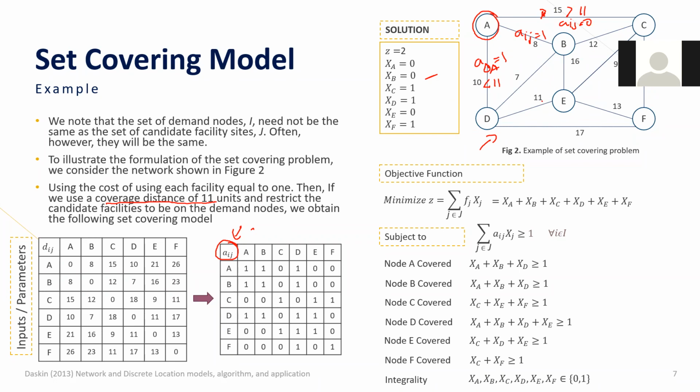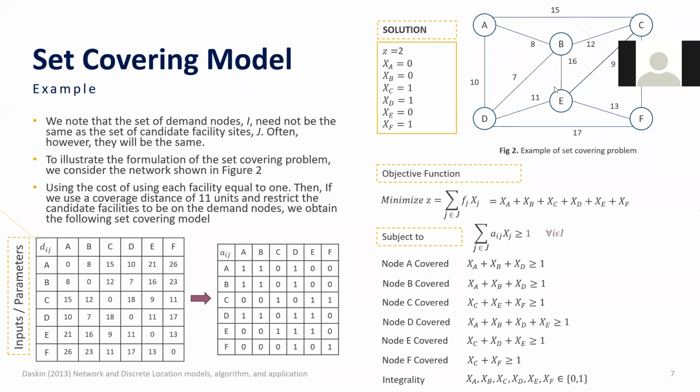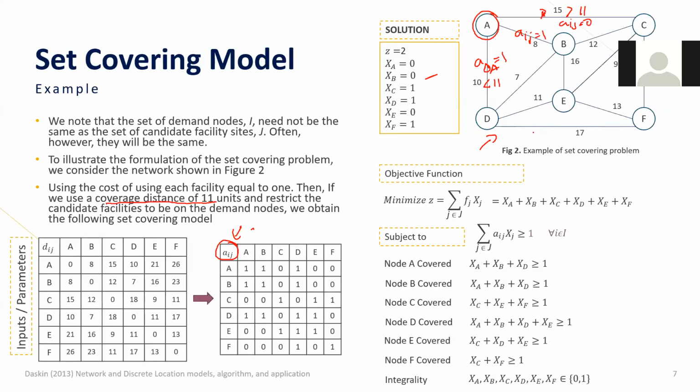What about E? We don't have a connection here, but remember the coverage distance is measured using the shortest path between those nodes. For example, if you want to connect to E from A, perhaps you can go from A to D to E or A to B to E. So based on this information, you need to check the shortest path.